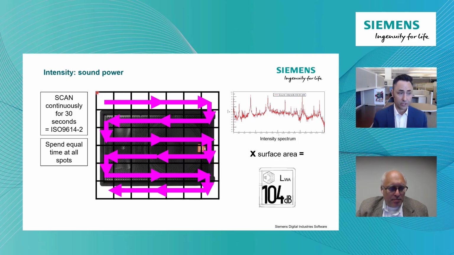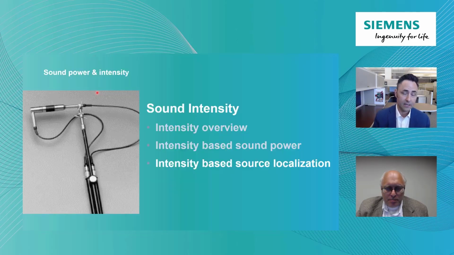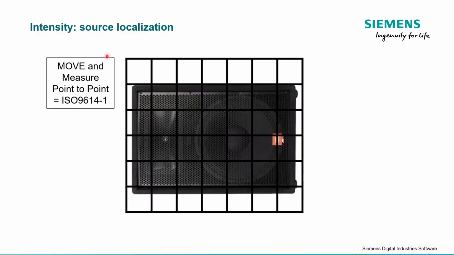Now that's 9614-2, the scanning method. There's also 9614-1, the point-by-point method, which is going to take us a little bit more time to perform the test, but as we'll see here, we're going to get some more information out of it. In this case, I'm going to measure point to point using my same intensity probe, and I'm going to go, let's say, to this upper left grid point, and take a whole 30-second measurement.